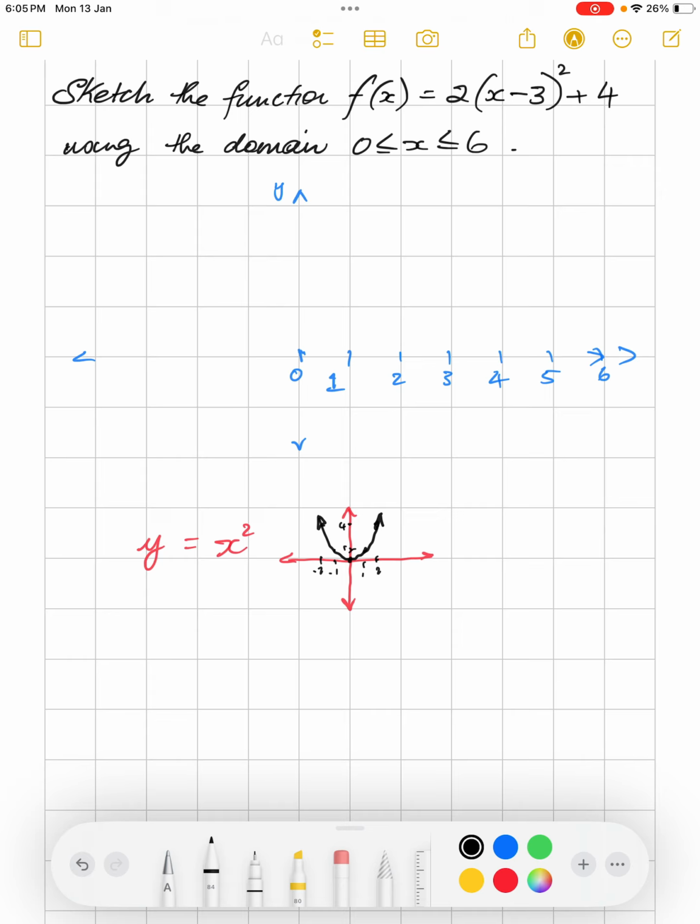But our quadratic has an x minus 3 squared. Now minus 3 with the x means it's been translated 3 units to the right.